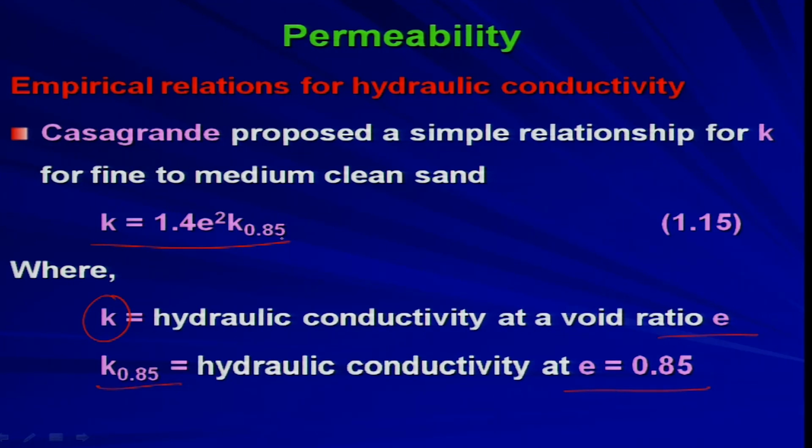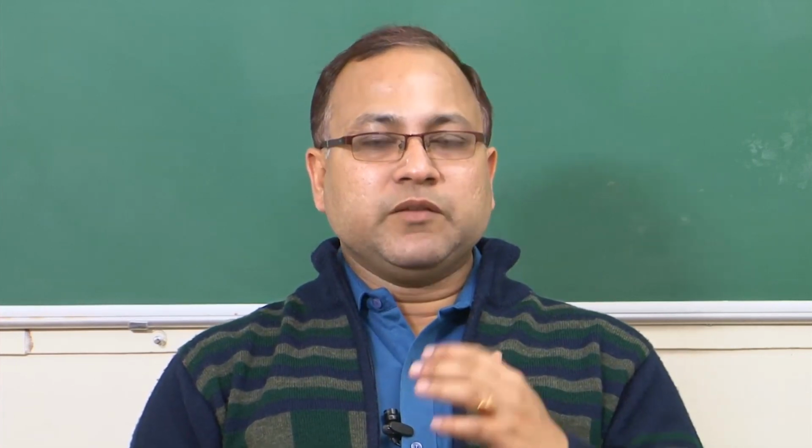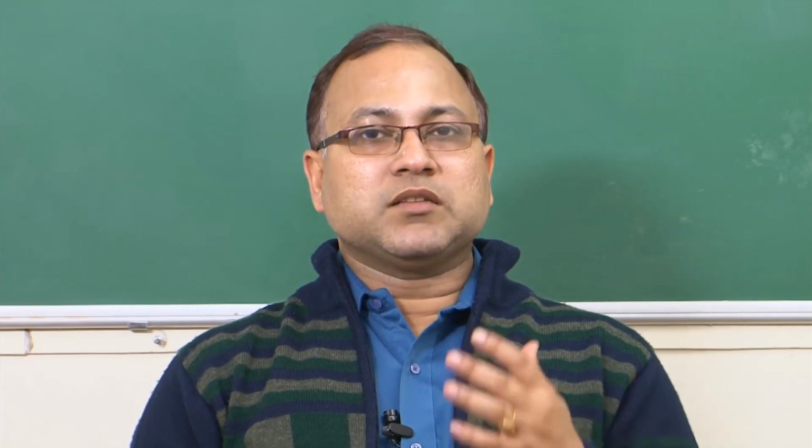Okay. So, this is a very simple expression, the only thing is that you need to find out K 0.85 from the laboratory experiment. Now, one thing I would like to mention as we are discussing sand. From the laboratory, you have seen two kinds of experiment, right? One is your constant head, another one is your falling head test. Now, as you know from your own experience, if you put water on top of sand, it will seep through or percolate through the sand body immediately, right?